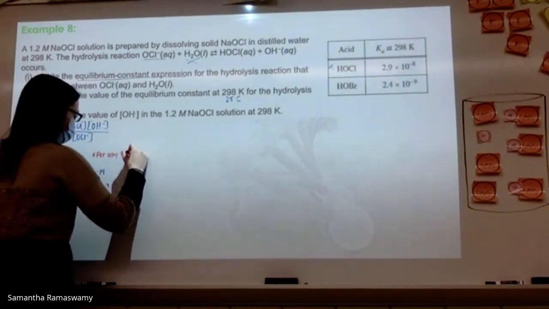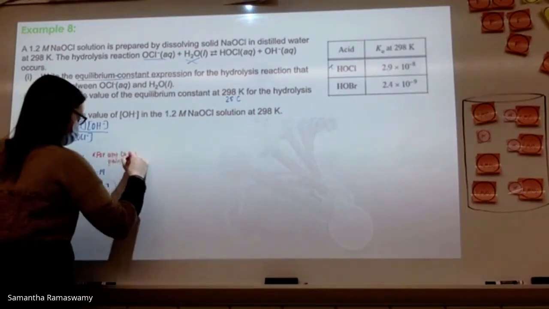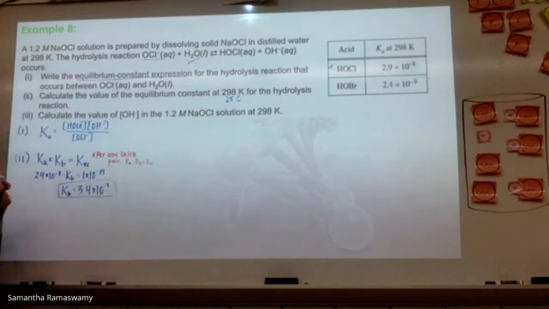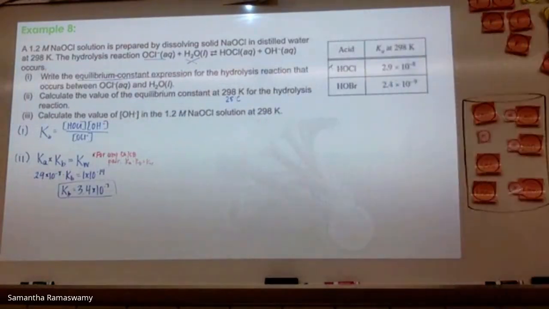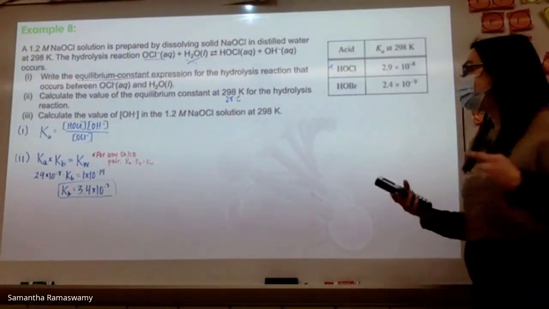When we say conjugate acid-base pair, that could mean the acid and the conjugate base, or the base and the conjugate acid. Anything that differs by just one H+. So since this is HOCl, and we're looking at the reaction of OCl minus, we're looking at the conjugate base.